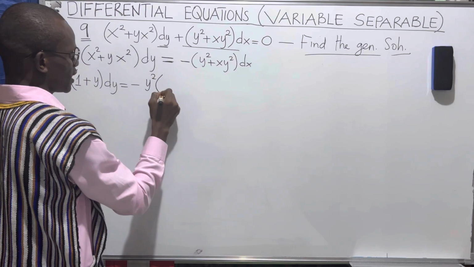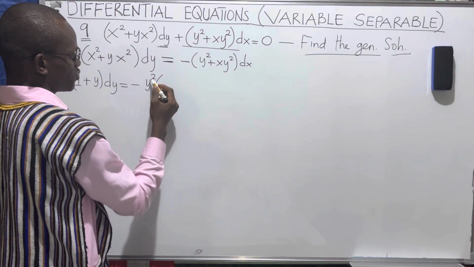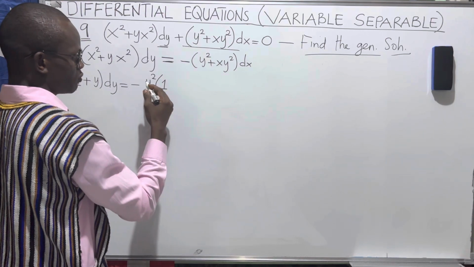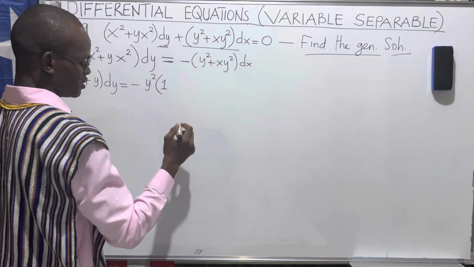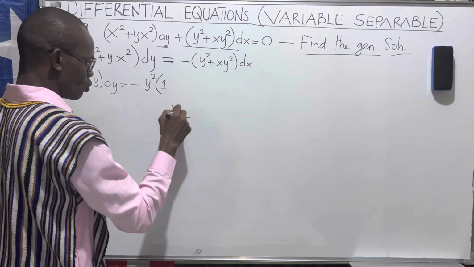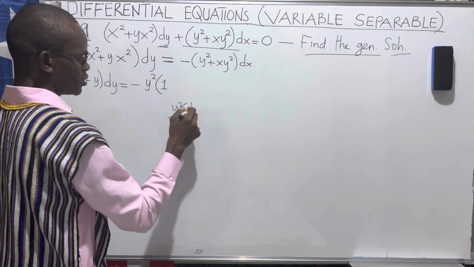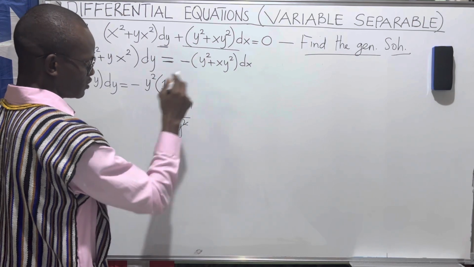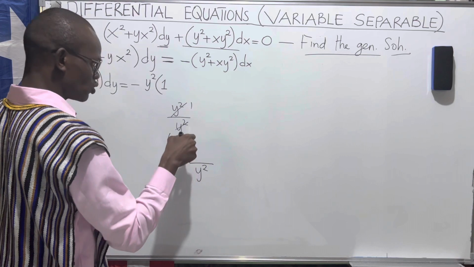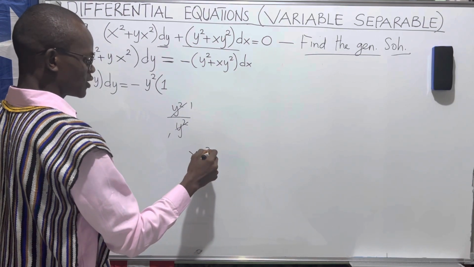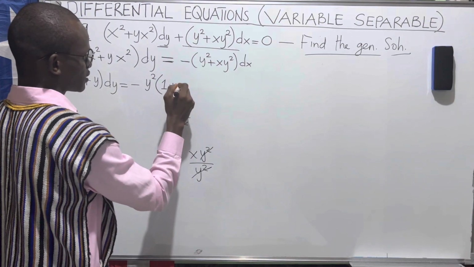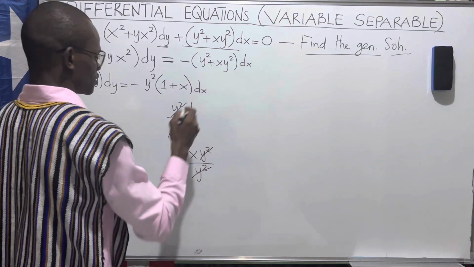When y² comes out, y² into y² is just 1, and y² into xy² cancels, and you'll be left with x. So this side is now just (1 + x) dx.